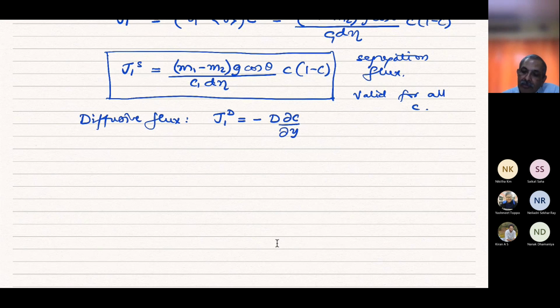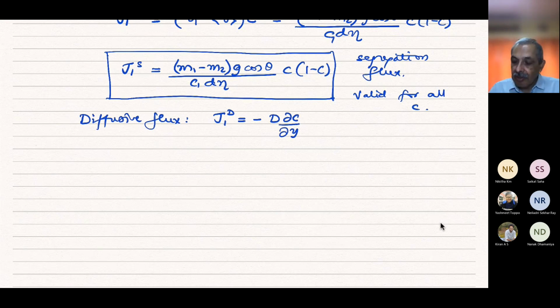So you actually will have a balance between the diffusion and the segregation, and so in some regions there will be a mixed state, in some regions you have pure 1, pure 2.